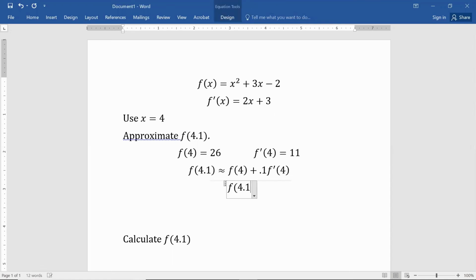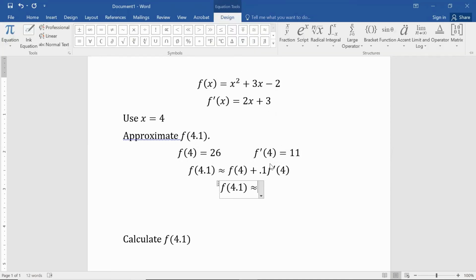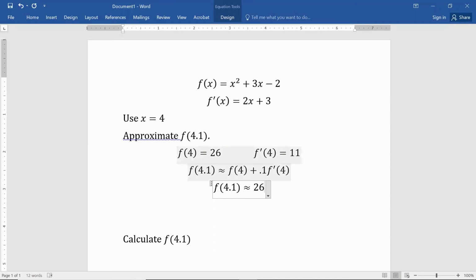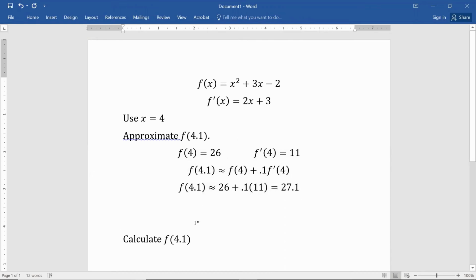So f of 4.1 is approximately equal to 26 plus 0.1 times 11. So 26 plus 0.1 times 11 gives me 27.1.